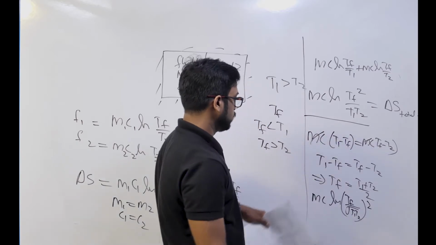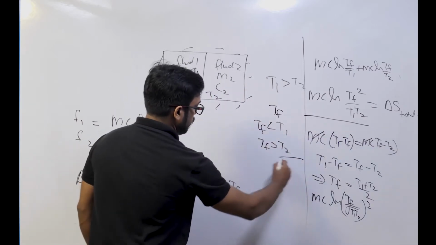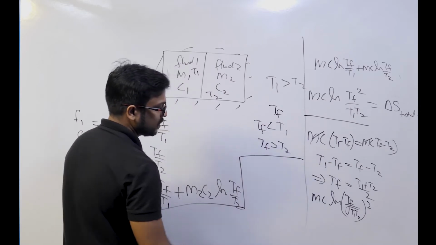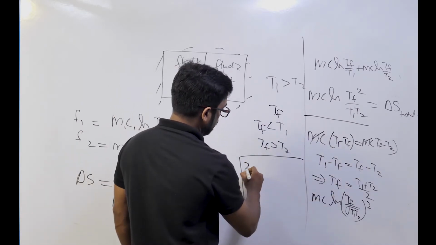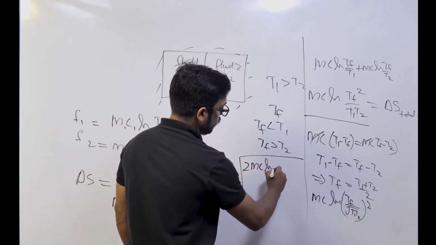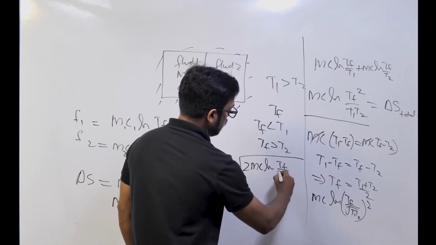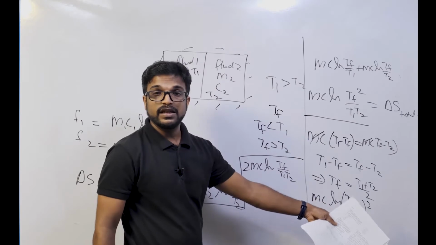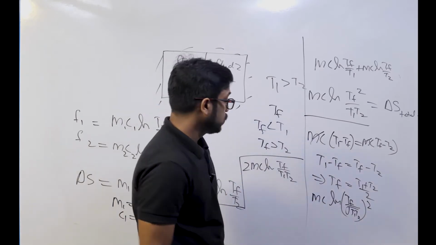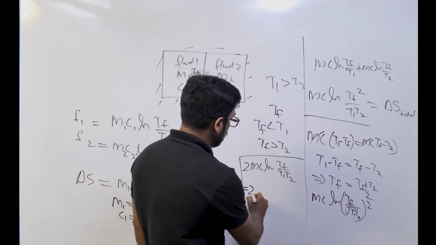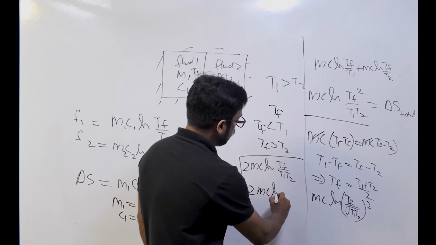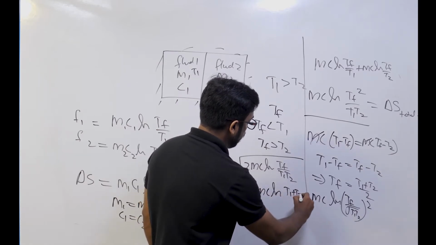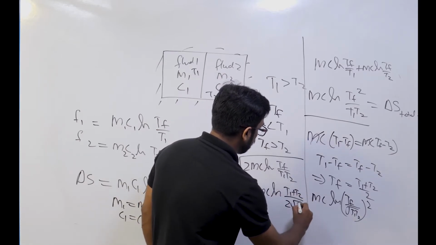Then I can take the 2 on this side, so it will be 2mc ln of Tf by root of T1 T2. Now we know what Tf is. What is Tf? T1 plus T2 by 2. So I will substitute that here. It is going to be 2mc ln of (T1 plus T2) by 2 into root of T1 T2.